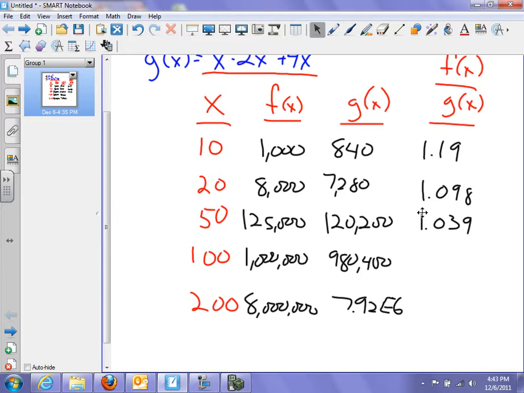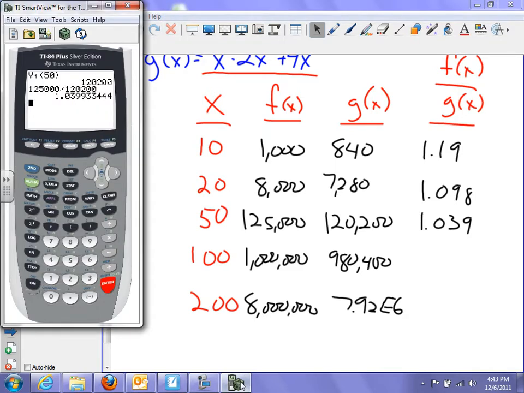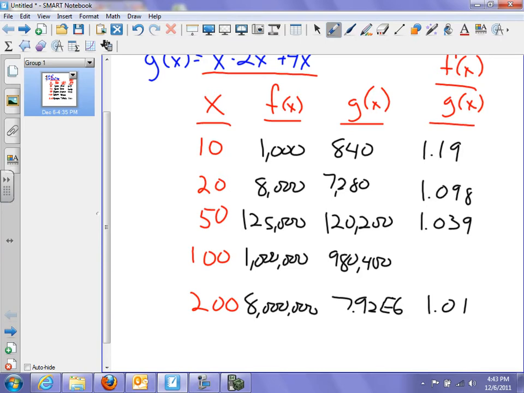Well, let's do that last one. I have 8,000,000 divided by 7,920,000. Enter. 1.01.